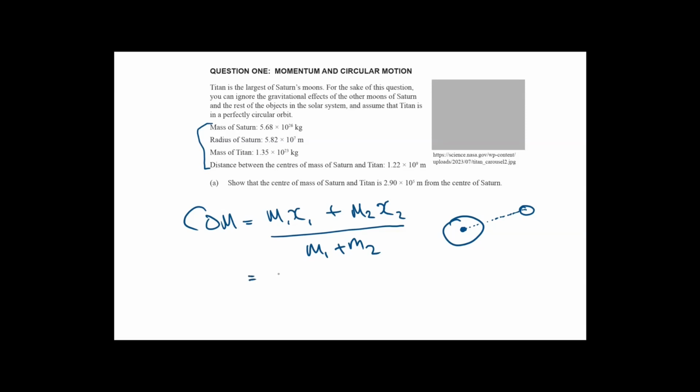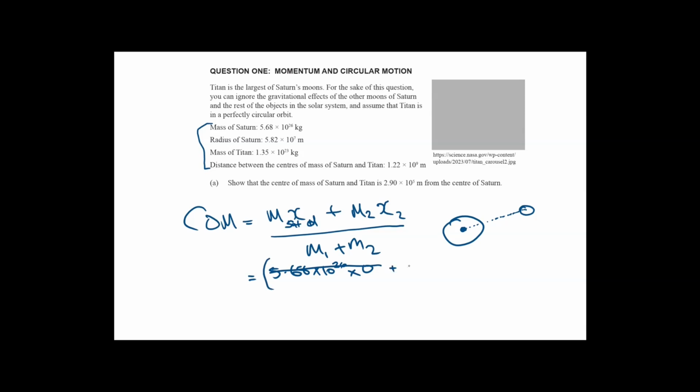So the mass of Saturn, and the distance. That's going to be 5.68 times 10 to the 26th, times the distance between the center of mass of Saturn and the center of mass of Saturn, which is nothing, so they're going to cancel. That's why I took it from there.